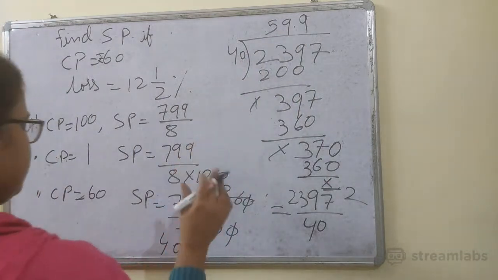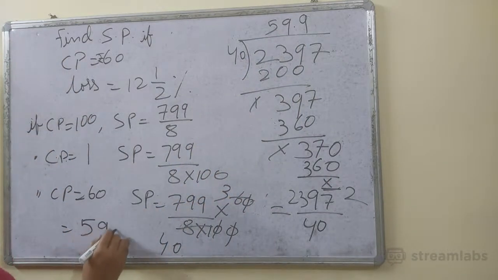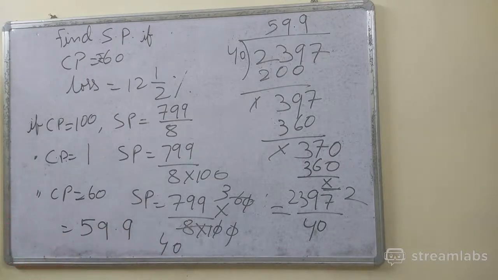So your answer will be, your SP will be 59.9. This will be your SP. Okay. Now do the next one.